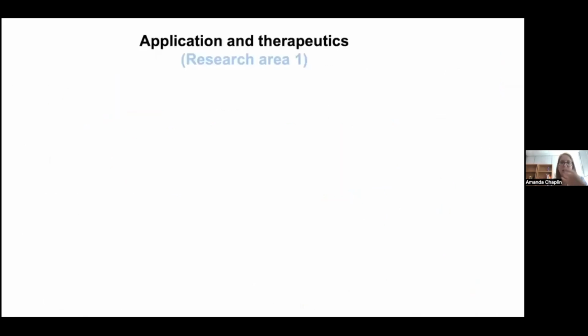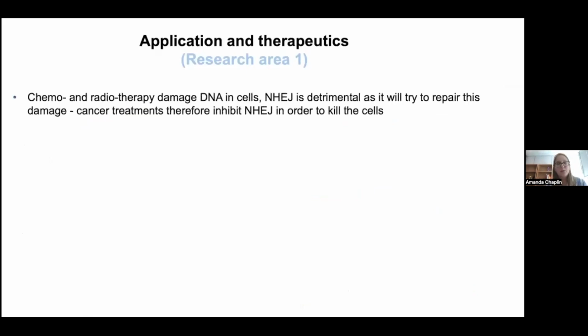And so the application of this particular research area is that chemoradiotherapy damages DNA in cells. So NHEJ, because it's repairing DNA, is actually quite detrimental to cancer treatments. So there's been a lot of work on trying to inhibit NHEJ to enable and to help with these particular treatments.